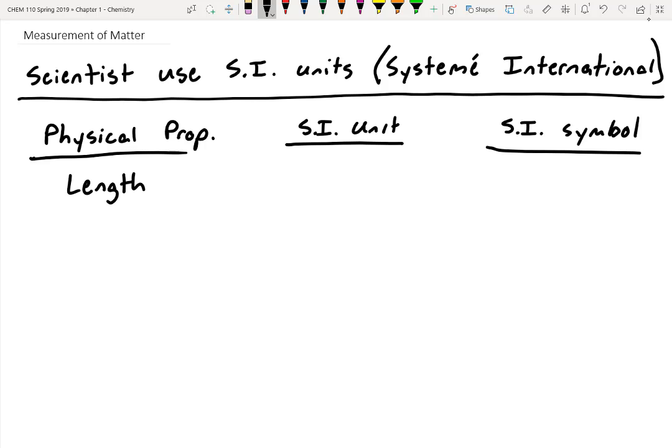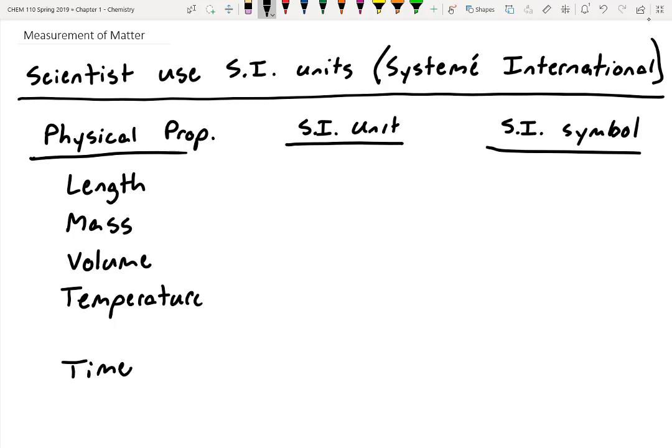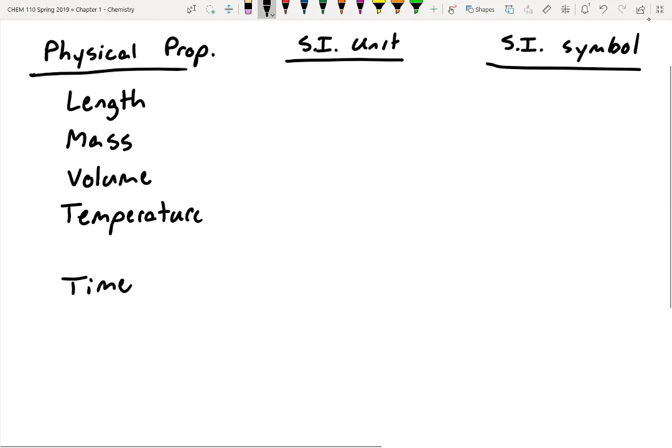We've got length, we've got mass, we've got volume. A lot of these were what we talked about the other day. We've got temperature. I'm going to put a little space in here. We've got time. We've got current.